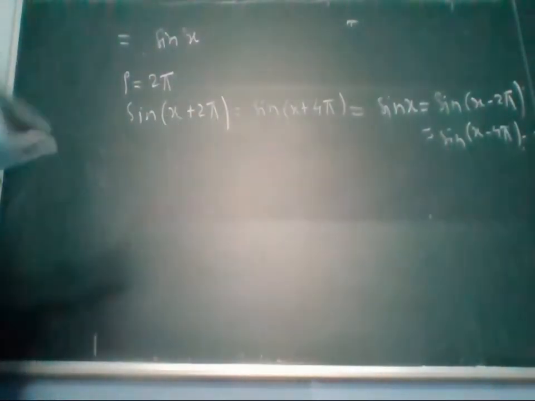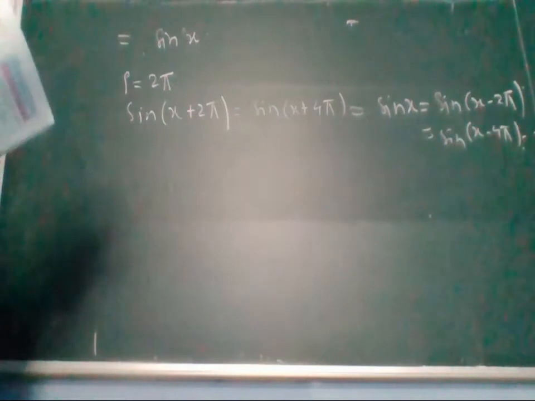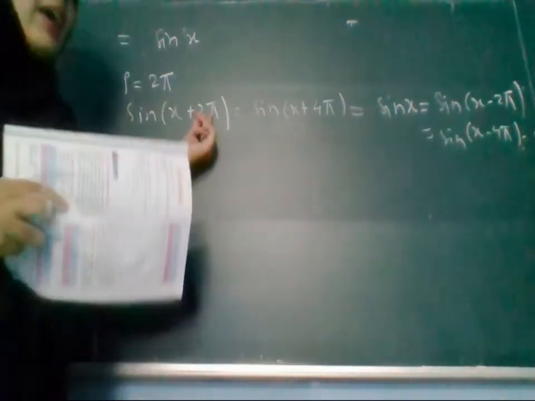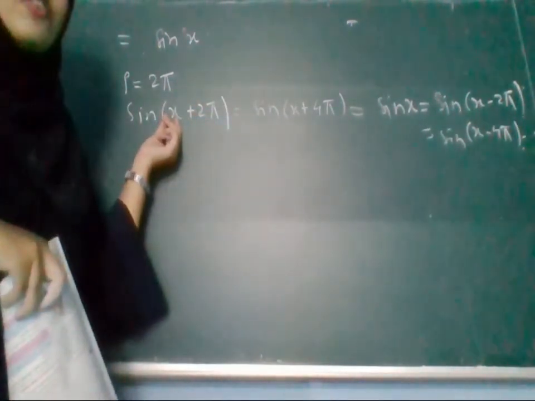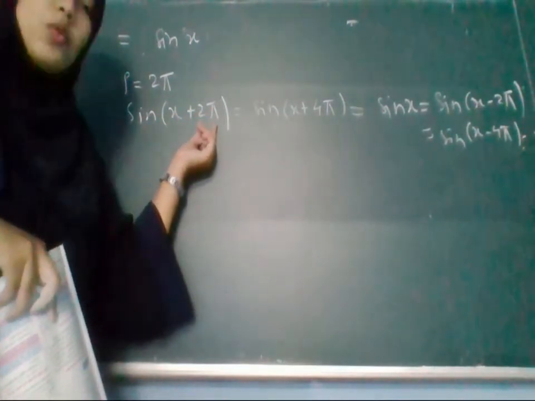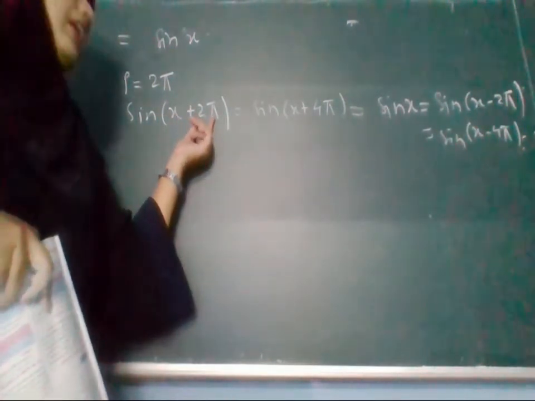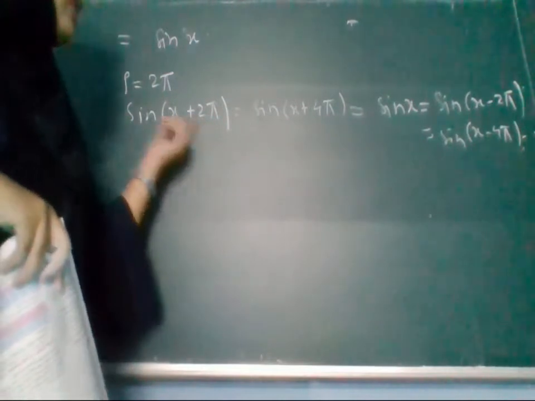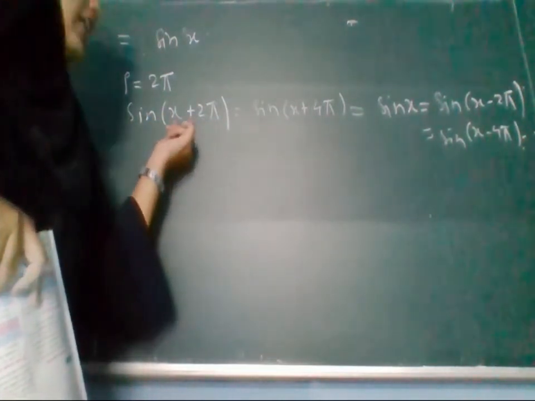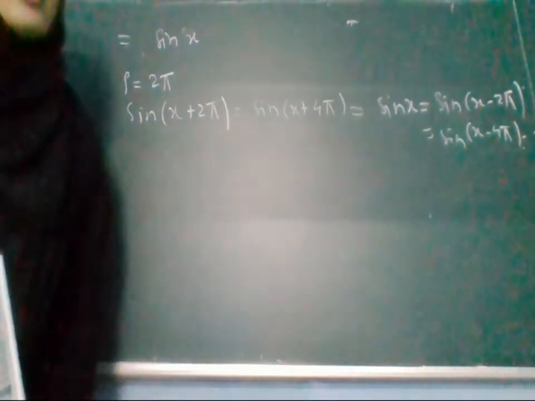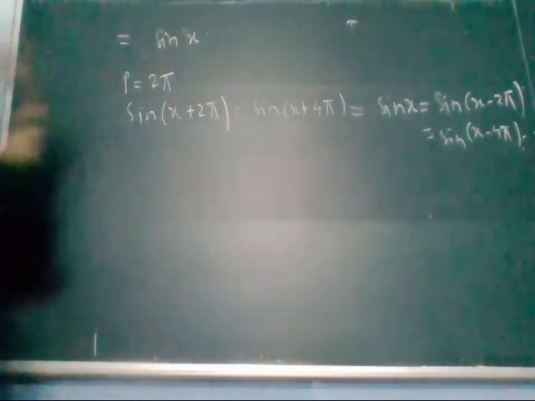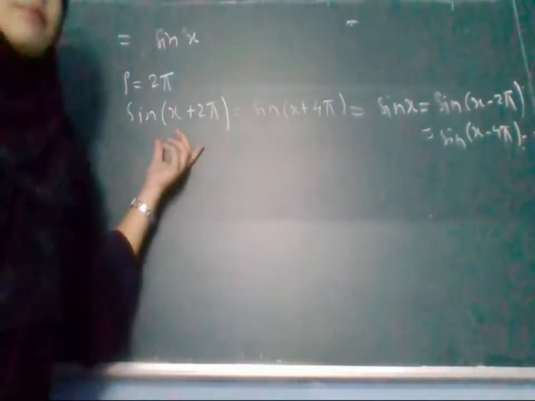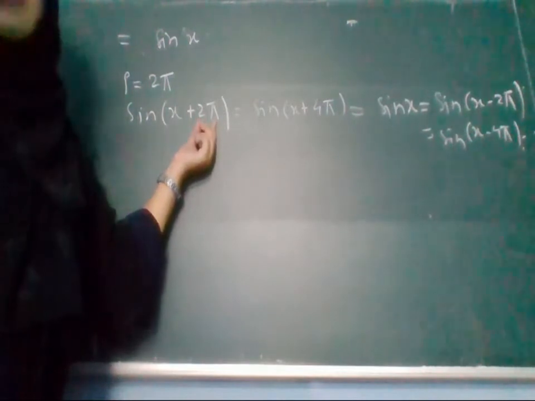So sine is a periodic function with a period 2 pi. You can take any value for x, you can add 2 pi to it, then the value of sine x and the value of sine of x plus 2 pi are the same. So therefore sine is a periodic function with the period 2 pi.